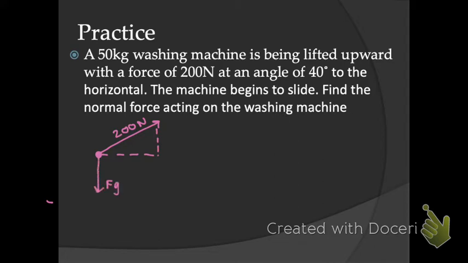And it says it's sliding. So although it's being lifted, it's attempted to be lifted, it's not off the surface yet. So we still have a normal force. Okay? I don't know how it's being lifted, so I'm just going to call this an applied force. So I would call this F applied Y and F applied X, right?